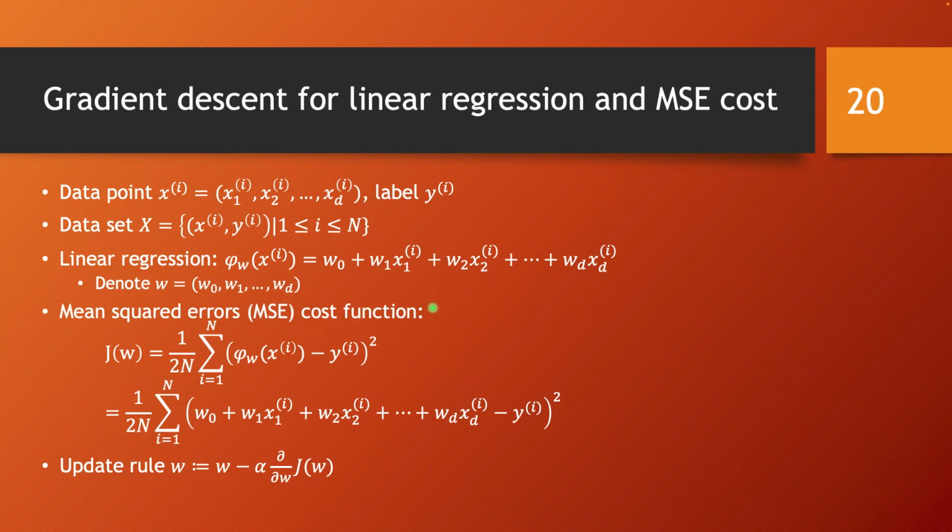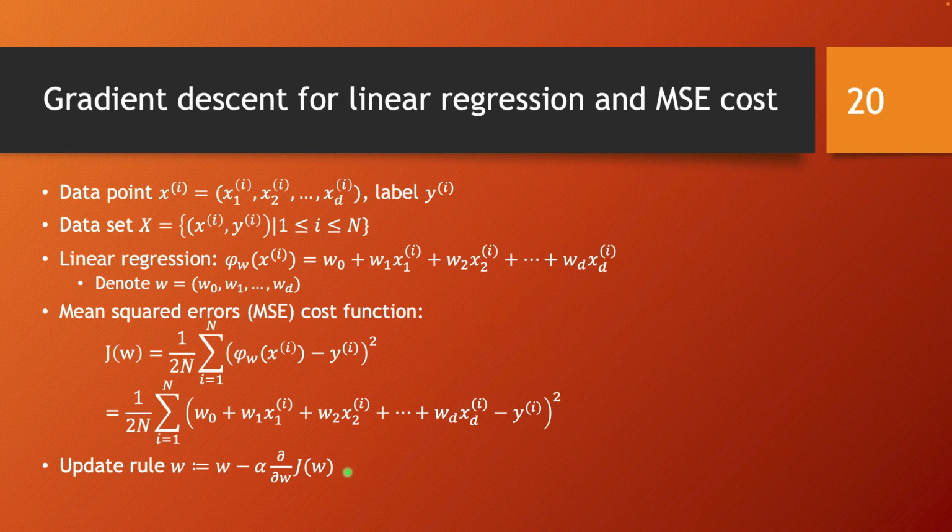In case you choose your cost function to be the mean squared error, your cost function is going to have this form: 1 over 2n times the sum of the differences between the prediction of the model and the real label, to the power 2. If I replace the prediction with this form, it's going to be 1 over 2n, sum, of the linear combination of the features minus the label for that data point, squared.